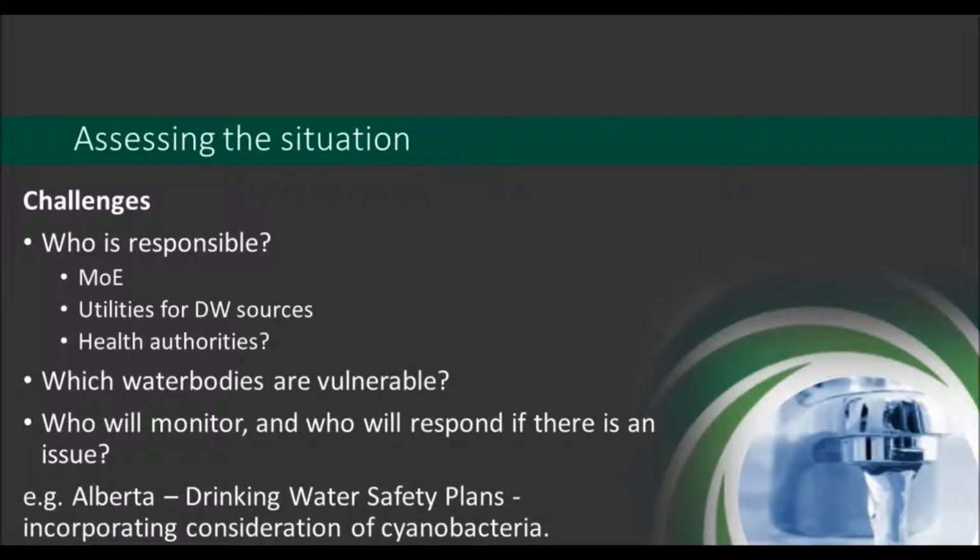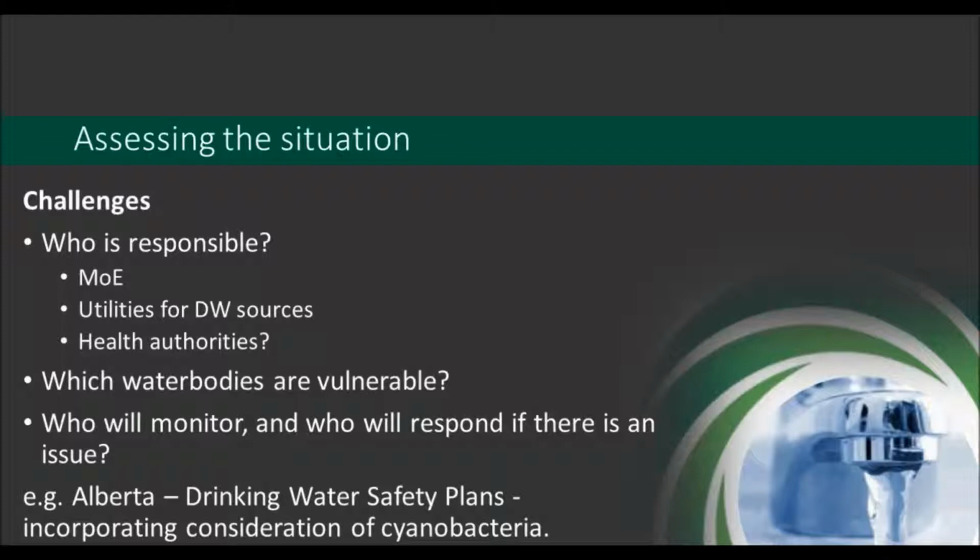Key challenges for assessing the situation are knowing which water bodies to target and who is responsible. Is it the Ministry of Environment, who typically cover recreational water bodies, but for drinking water sources, it might be the utility that is carrying out the risk assessment.